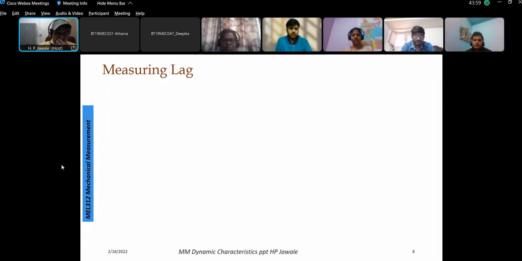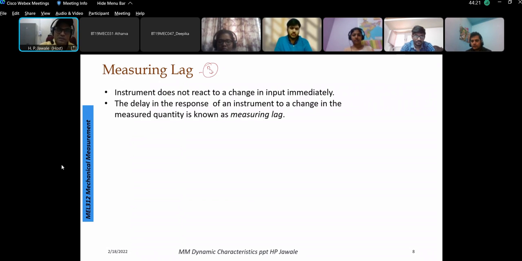Now another important property, the third property we should say, is measuring lag. First we have seen the response time and the measurement of the delay. Let us see the third important property, measuring lag.